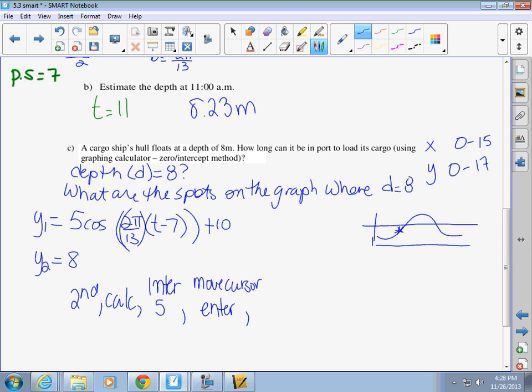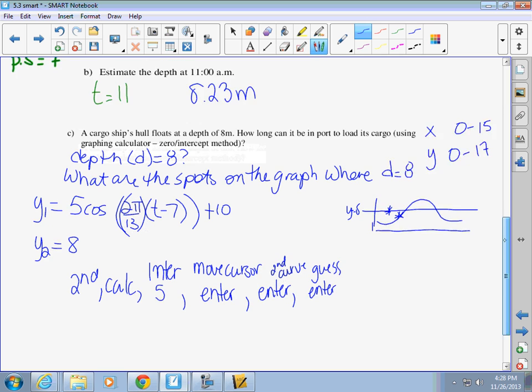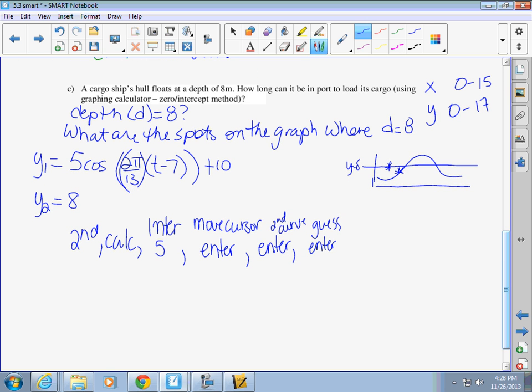Your cursor then should be flashing somewhere on this y is equal to 8 line. So you hit enter again. And then it says guess. And you hit enter. And it should give you the values at the bottom.